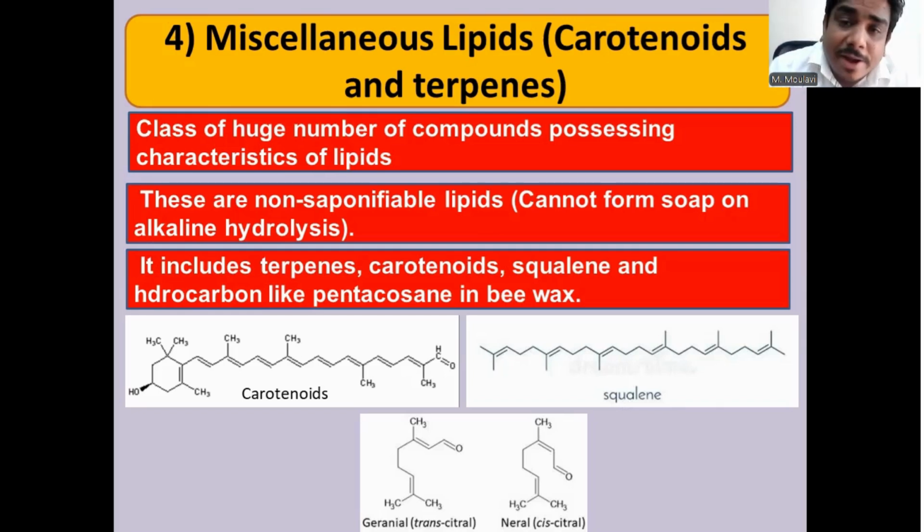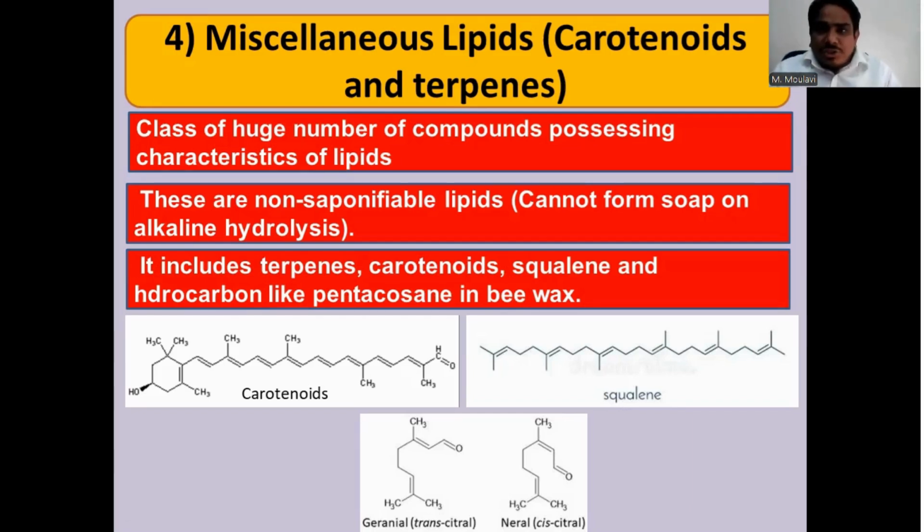Examples are the carotenoids, meaning vitamin A, beta carotene, and alpha carotene, which are examples of the miscellaneous lipids. Squalene is an example of the miscellaneous lipids. And the terpenes: the monoterpenes or the diterpenes are fragrance molecules, and these are included in the last group of lipids, the miscellaneous lipids.